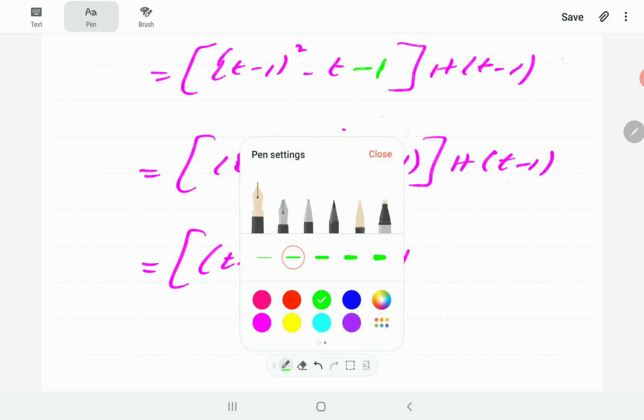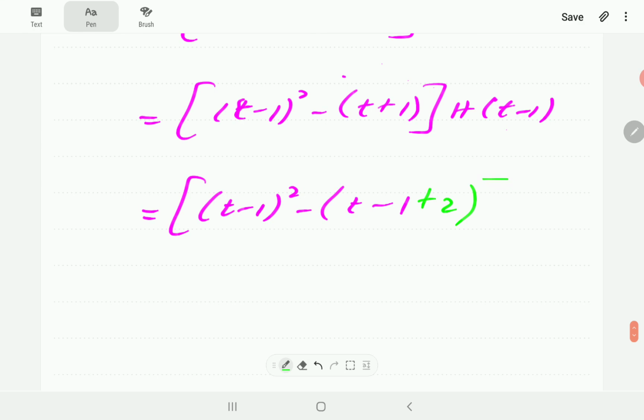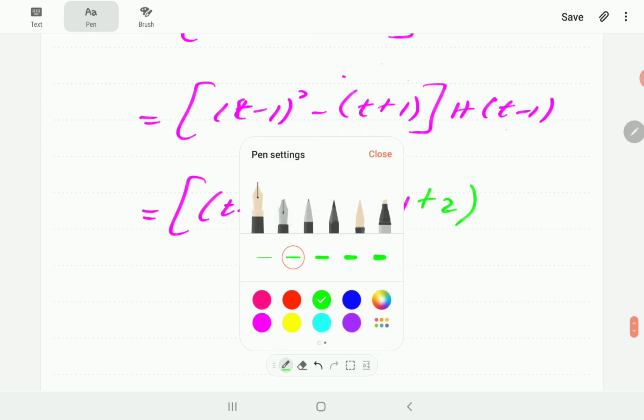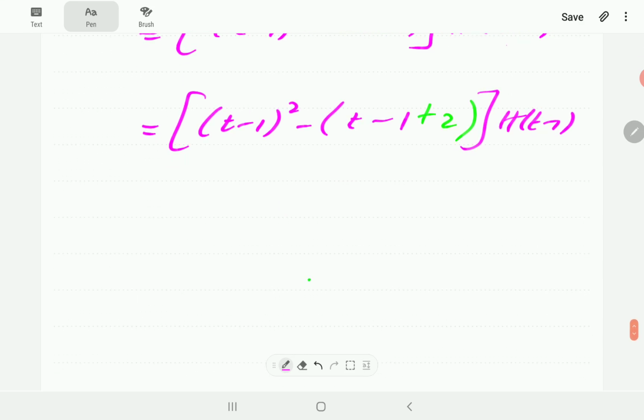And the answer is we need to add 2. So minus 1 plus 2 is plus 1. But then we're going to take this as one term and that is the other term. So this is now going to be t minus 1 squared minus t minus 1 minus 2.